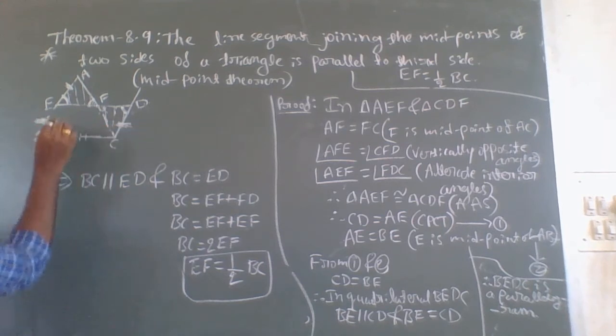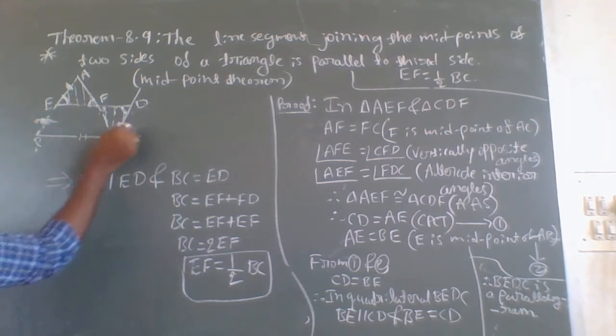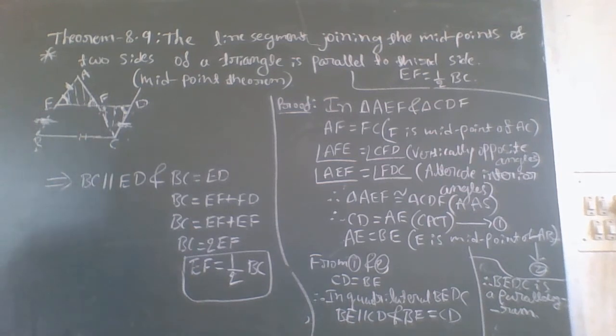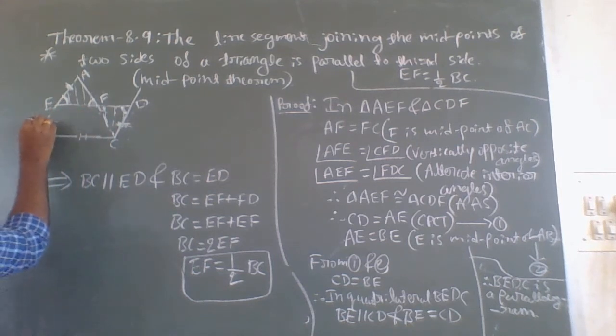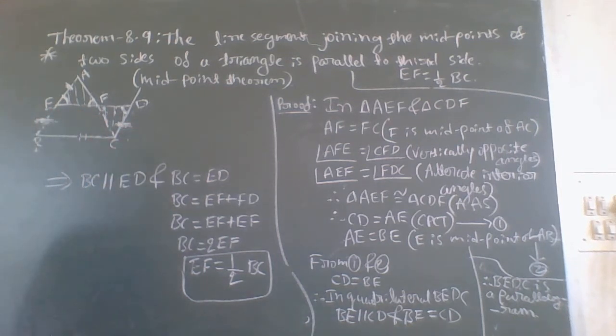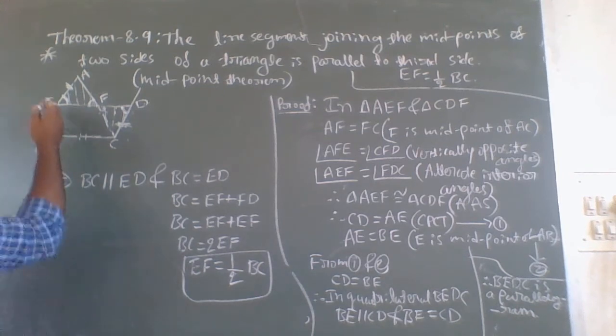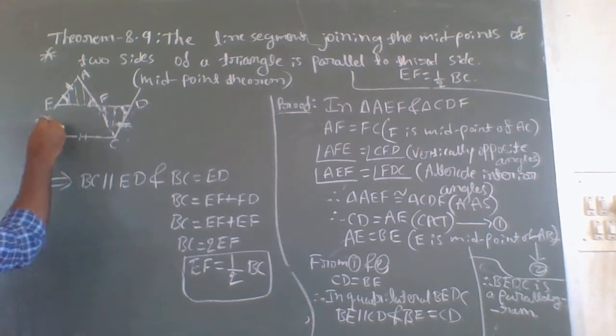EB is parallel to CD by construction, and if we prove these two sides are equal, then, as we know by construction these two sides are parallel, and we know that in a quadrilateral, if one pair of opposite sides are parallel and equal, then we can say that it is a parallelogram.